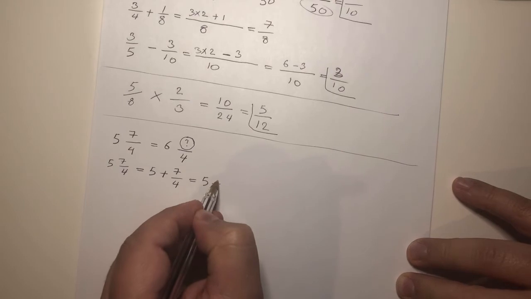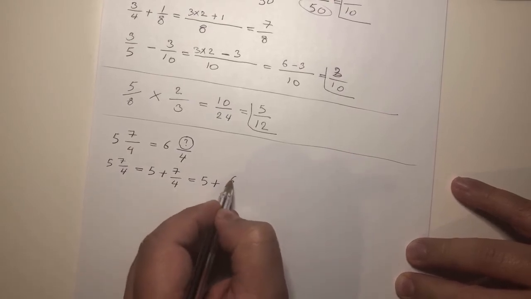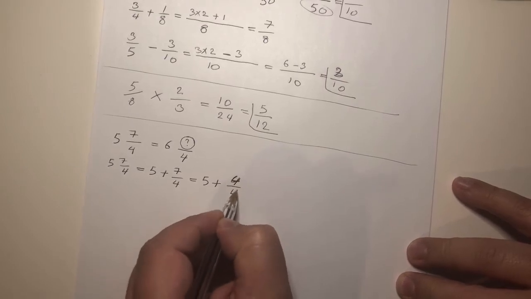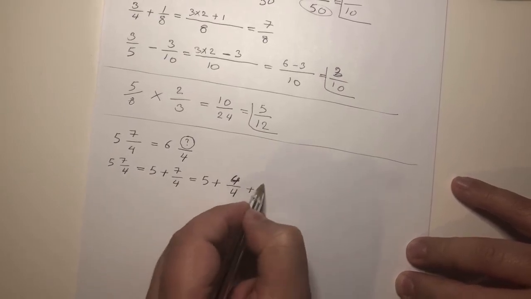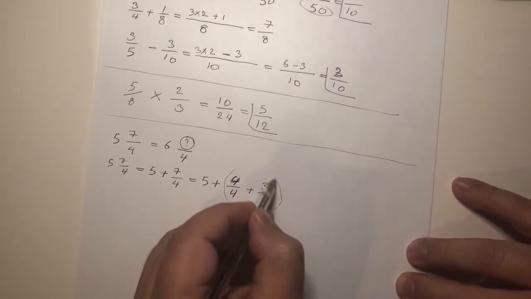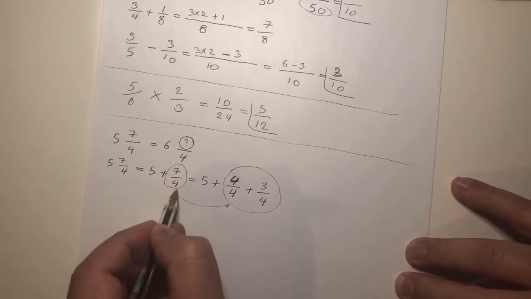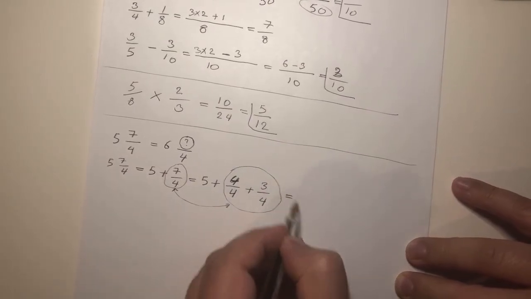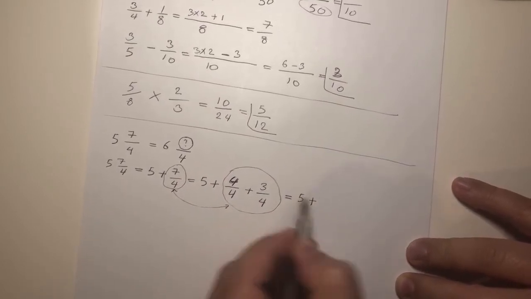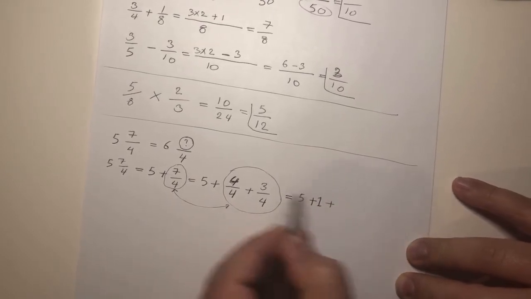So it will become 5 plus. We can write 7 over 4 as 4 over 4 plus 3 over 4, right? So basically, this one is 7 over 4. Then we have 5 plus 4 over 4, which is 1, plus 3 over 4.